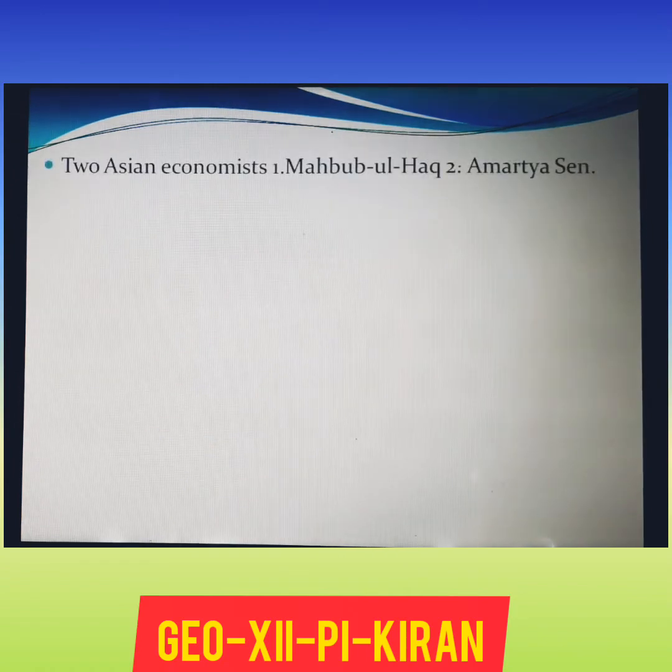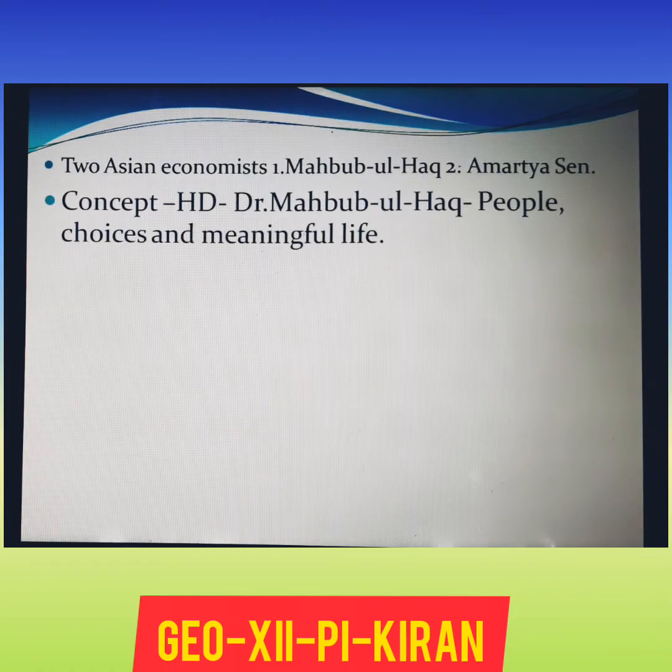Now, two Asian economists, Mehboob ul Haq and Amartya Sen, have made a lot of contribution to the study of human development. The concept of human development is given by Mehboob ul Haq. It tells that the people should have choices and they should live a meaningful life.